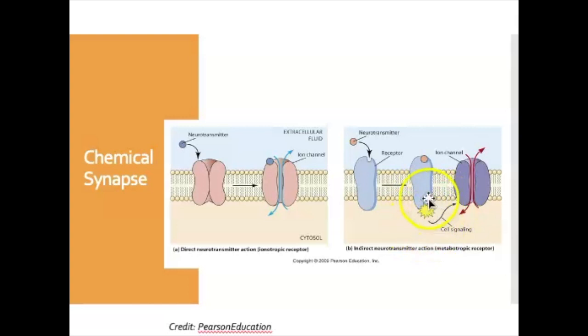That's what they're showing us in yellow. That molecule we call a second messenger. The first messenger is the neurotransmitter. The second messenger is this yellow molecule, whatever it happens to be. It gets activated, it travels to a nearby ion channel, binds to it, and opens it up, and we get ion flow.